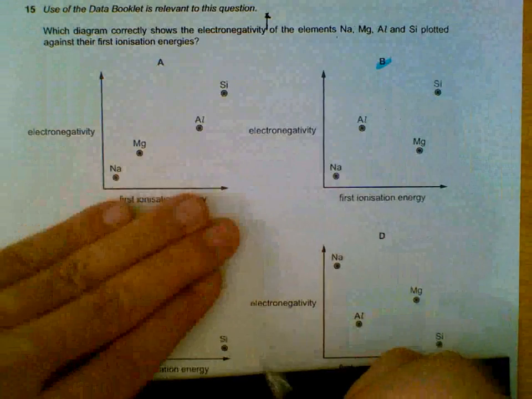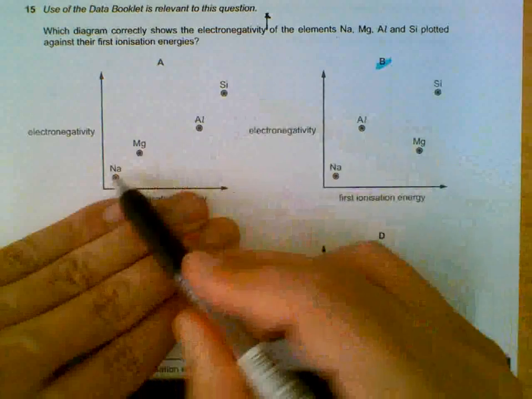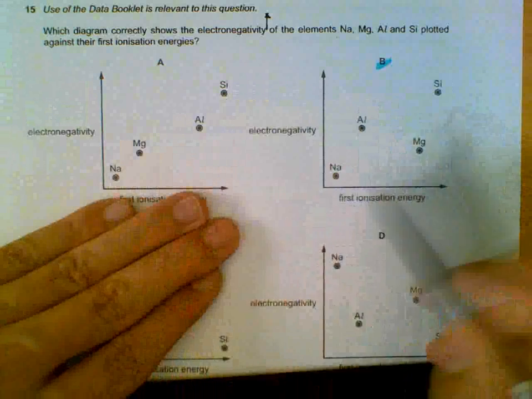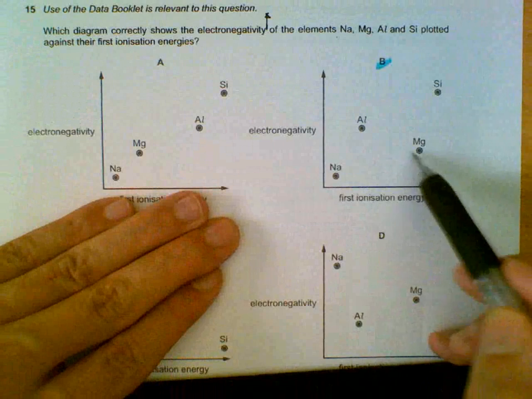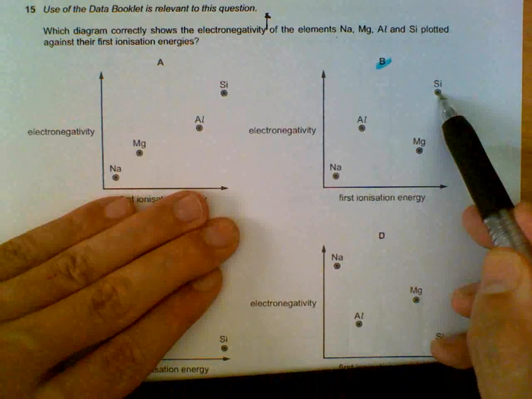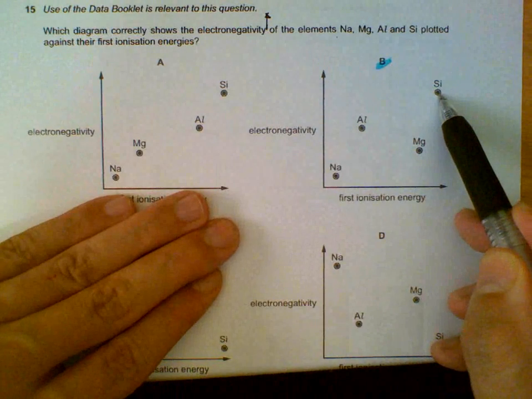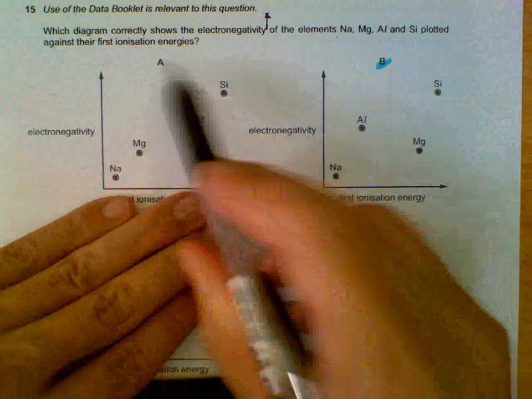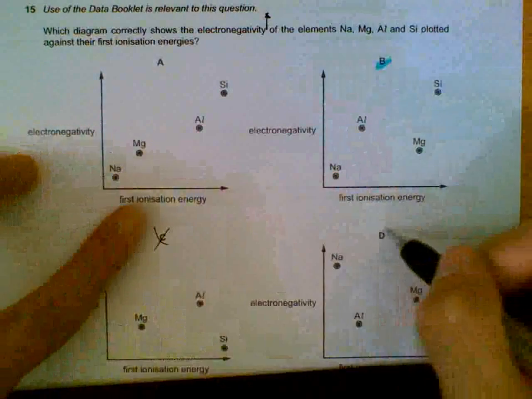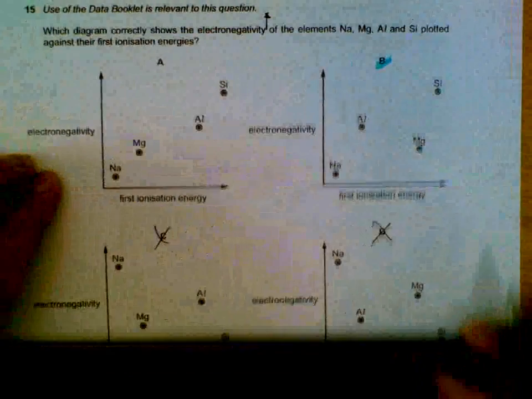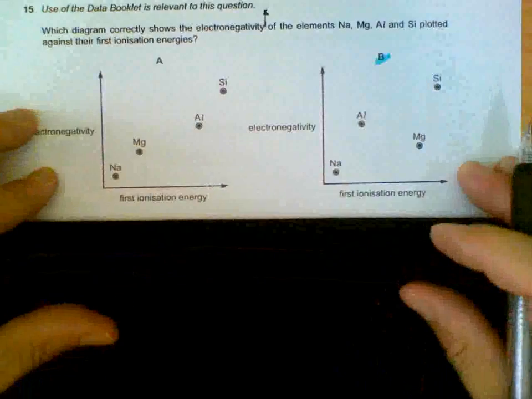So just on the electronegativity, from sodium to silicon in order: sodium lowest, magnesium second, aluminium third, silicon is the highest. So A and B are possible choices. Right, C and D, based just on electronegativity trends alone, are eliminated.